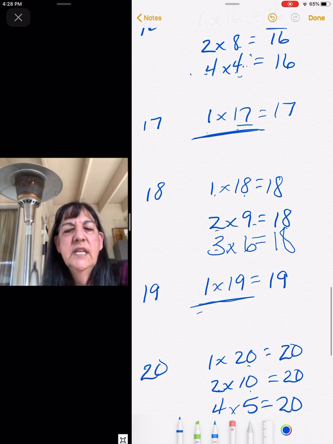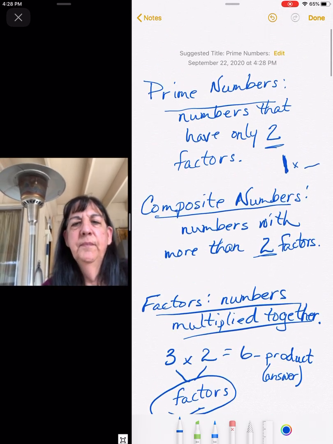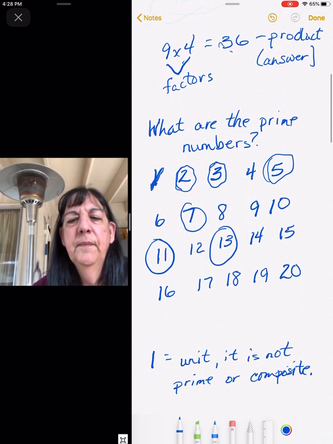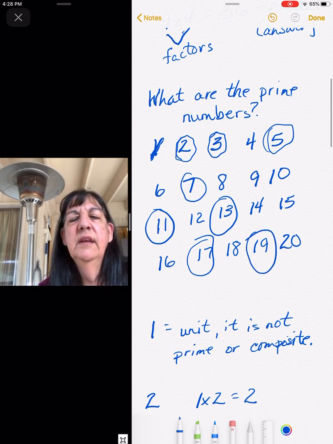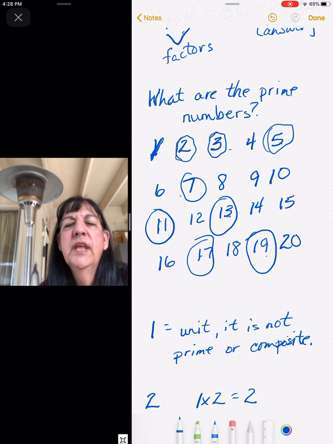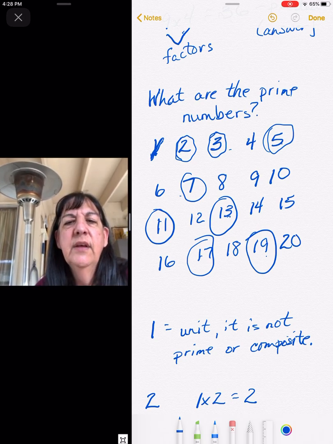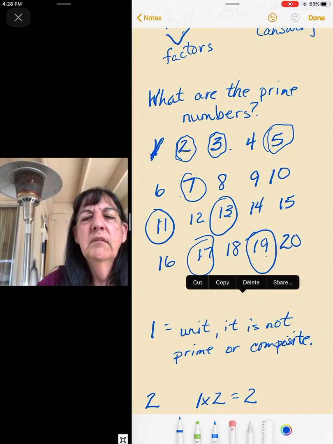So in 16 through 20, we have 2 more prime numbers, 17 and 19. So we have 8 prime numbers. You might want to write those down so that you know for IXL that those are your only prime numbers, 1 through 20.